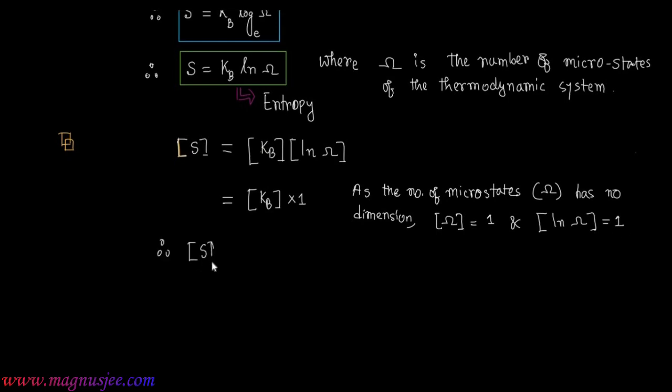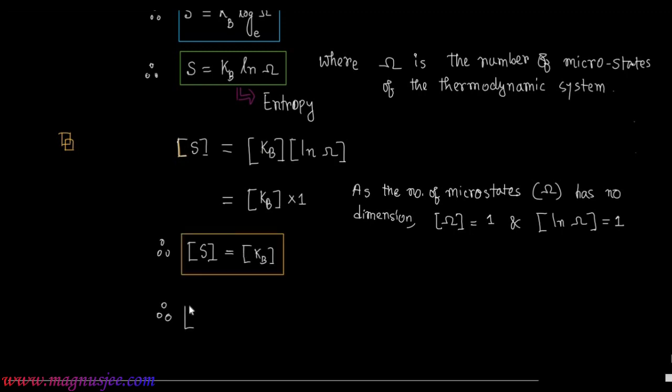Therefore, the dimension of entropy S is equal to the dimension of Boltzmann constant kB.